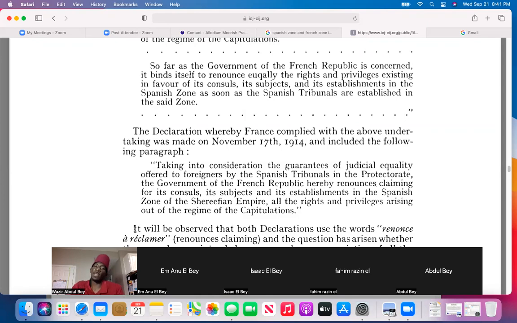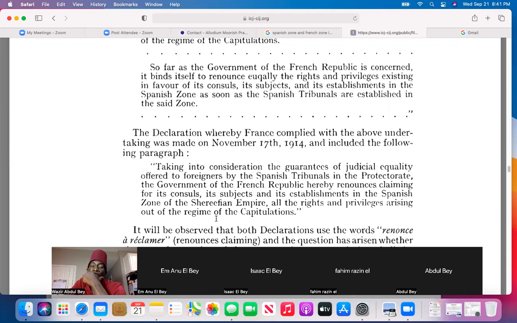I mean, it just got it. Wow. That's like a legislation saying that they have all the rights and privileges of the regime of the capitulations. But who is saying that? That's the declaration whereby France complied with the above. So it was France saying that. Wait, hold on, let's read this again.